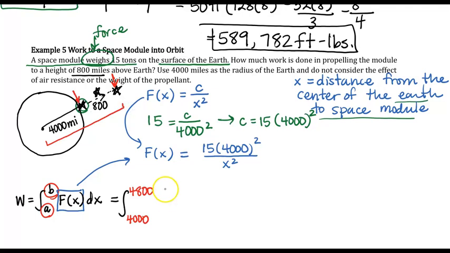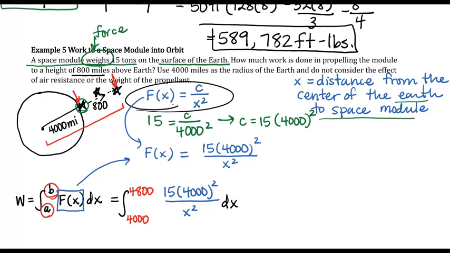I'm going to go ahead and put our function that we found earlier in. And now we're ready to integrate. At this point, I'm going to pause because we've reached the point again where we started off with an application problem. We used some new concepts. So we introduced Newton's universal law of gravitation and applied it to find the work done to propel this space module into space.